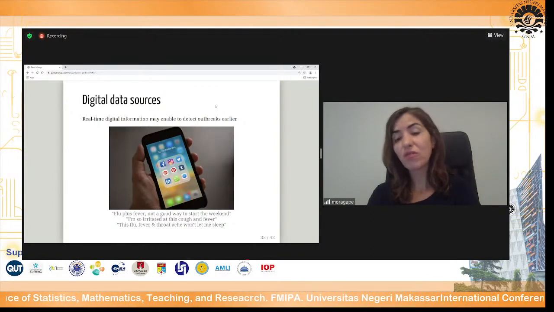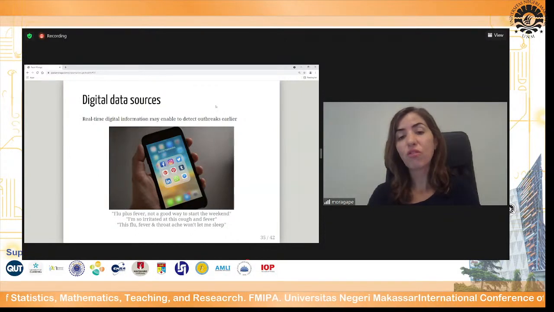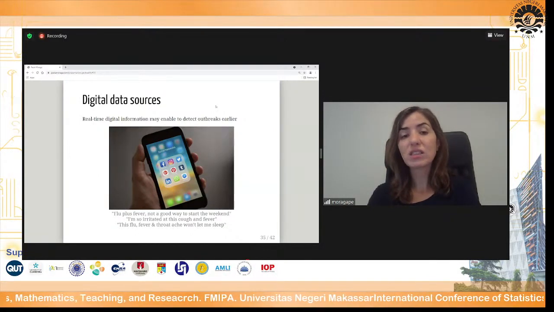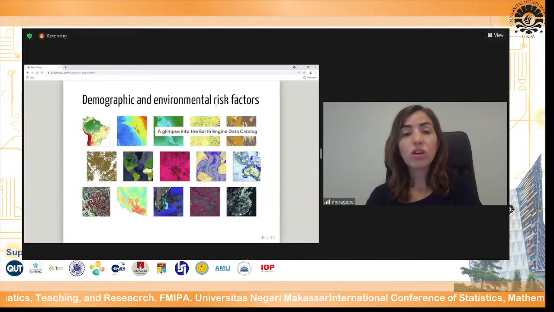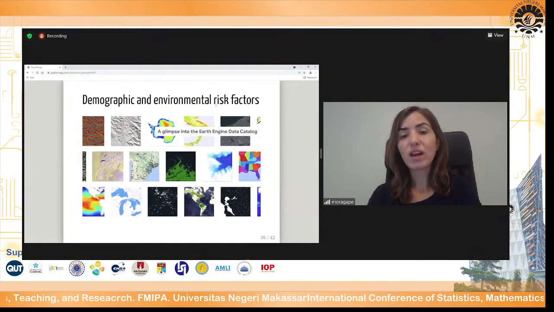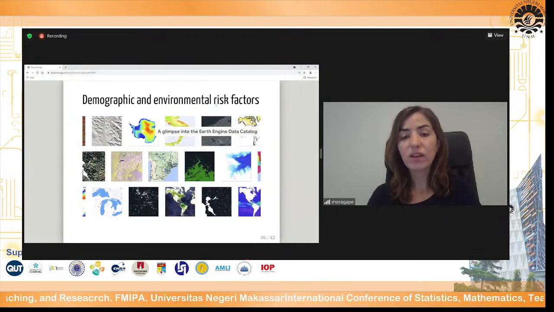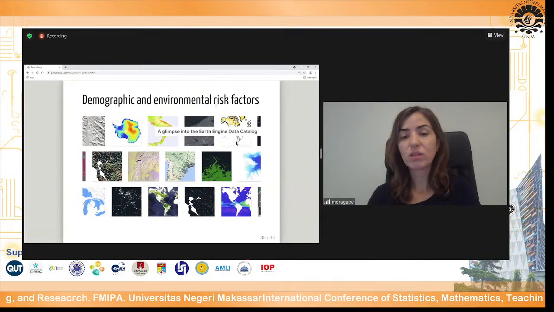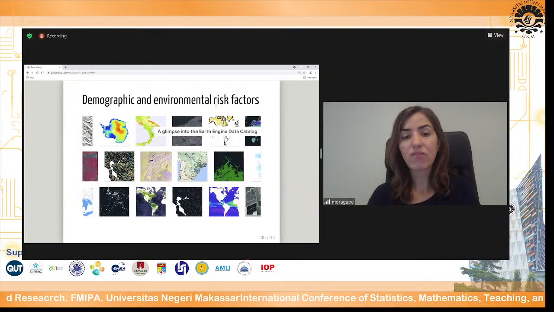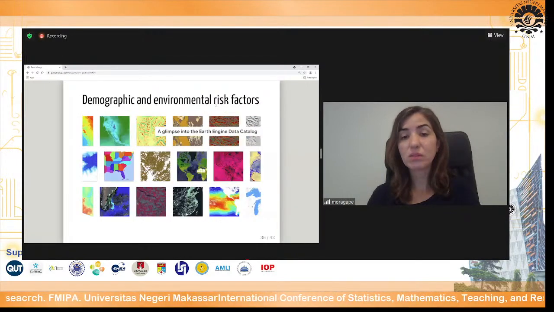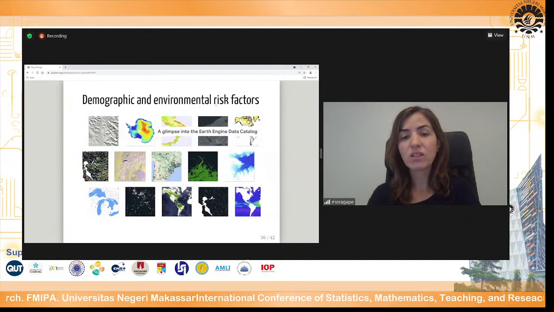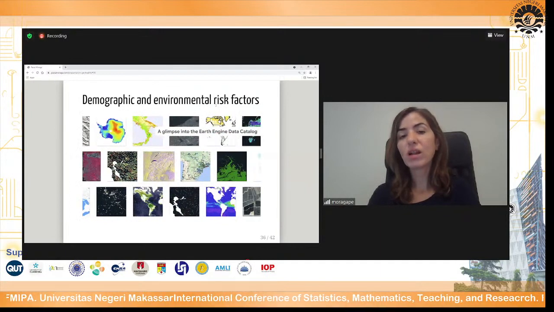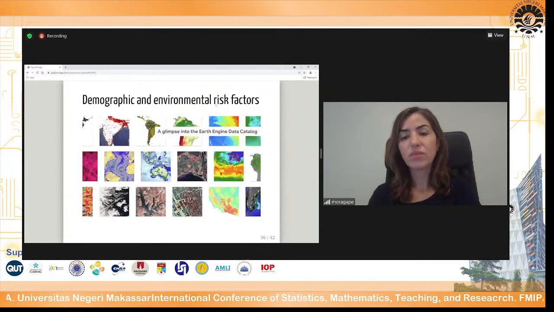And this information is not produced for epidemiological research, but we can use it to understand disease activity levels in real time. We also have access to demographic and environmental risk factors, and there are many diseases, for example, malaria, dengue, that are affected by temperature, precipitation, humidity. So this information can also help us to forecast disease.